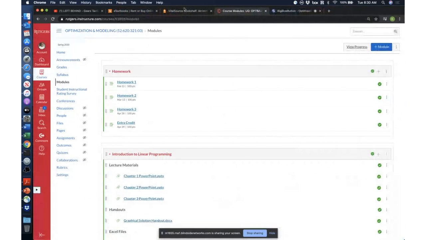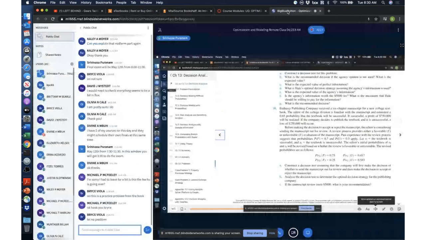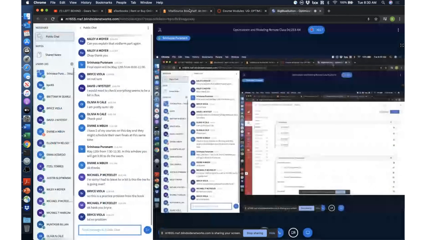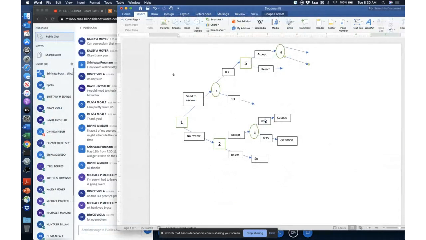So if the result comes out to be favorable, there's a 75% chance that the textbook will be successful. So S1 is the event that the textbook is successful. So if the review is favorable, there's a 75% chance that the textbook will actually do well. So these probabilities are 75% and 25%.